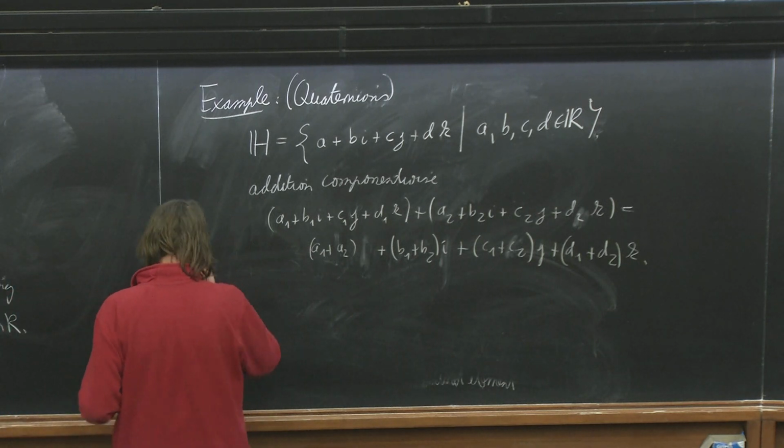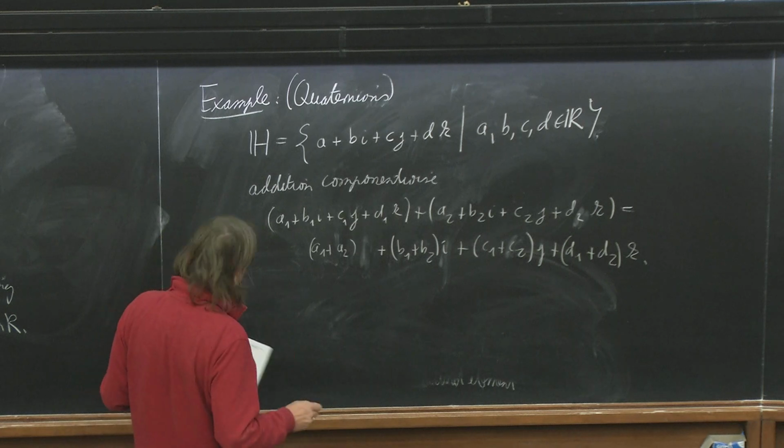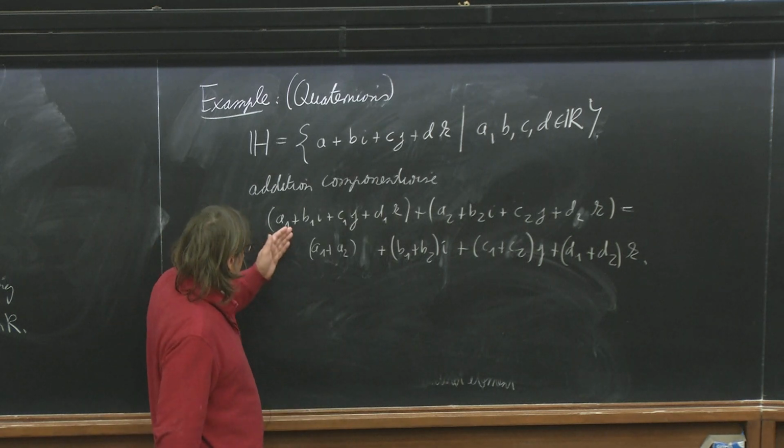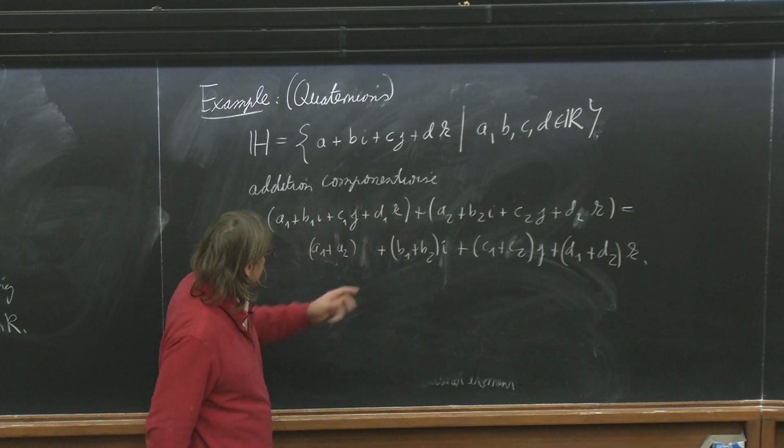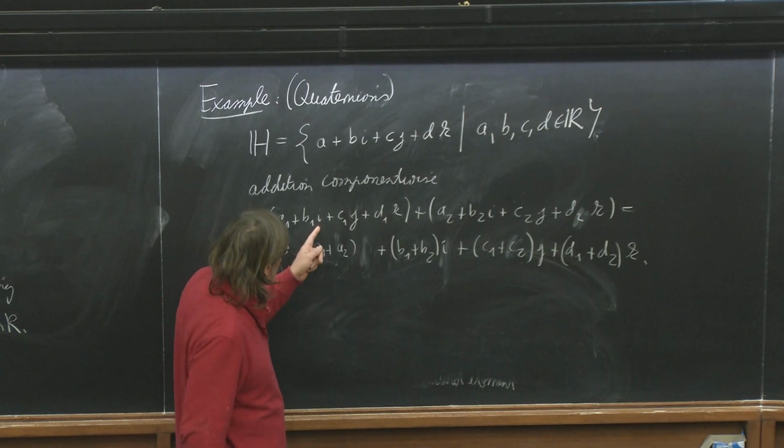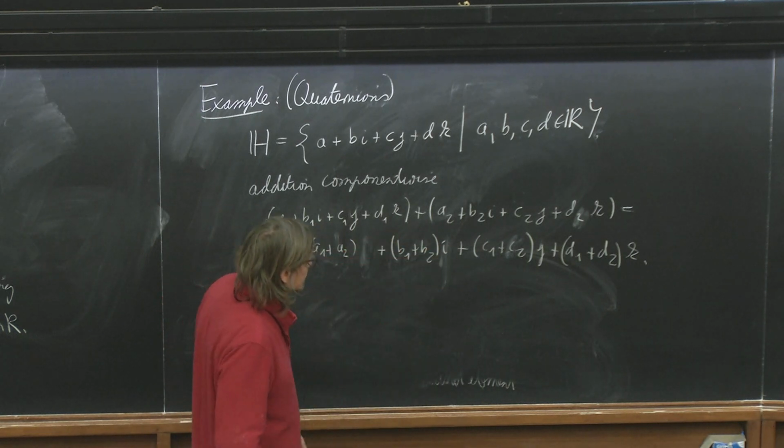And the multiplication is done by formally applying the distributive law to these things and saying how the i, j, and k should multiply among each other.